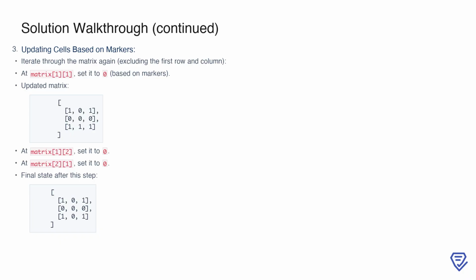Finally, at matrix[2][1], its column marker from the first row is 0, so it is set to 0 as well. After these updates, the matrix now reflects the correct rows and columns set to 0 based on the initial 0 location. The updated matrix is almost complete, with the exception of any changes to the first row or column, which we handle next.